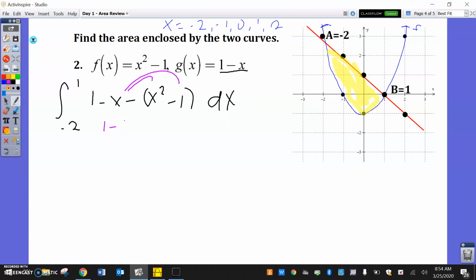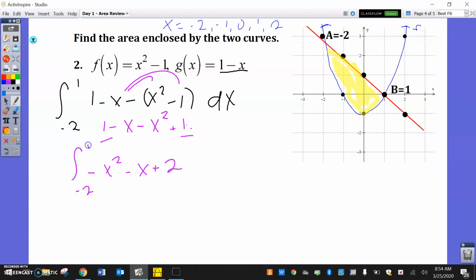So this is going to simplify to 1 minus x squared plus 2, and then I'm going to go ahead and combine my like terms. So this is going to end up being negative x squared minus x plus 2. Sorry, I combined a few steps right here. When I distribute that negative, this is going to be plus 1, and then 1 plus 1 is what's going to give me the plus 2.